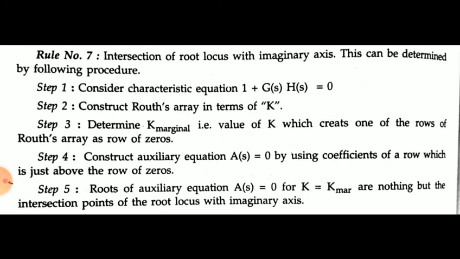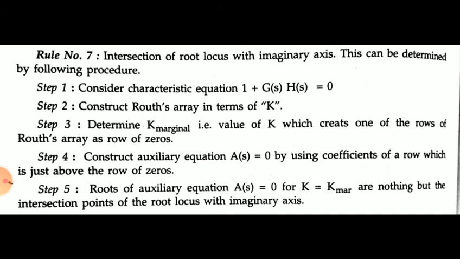Rule number 7, intersection of root locus with the imaginary axis. This can be determined by the following procedure. Step 1, consider the characteristic equation 1 plus G(s)H(s) equal to 0. Step 2, construct the Routh array in terms of k. Step 3, determine k marginal, that is the value of k which makes one of the rows of the Routh array a row of zeros.